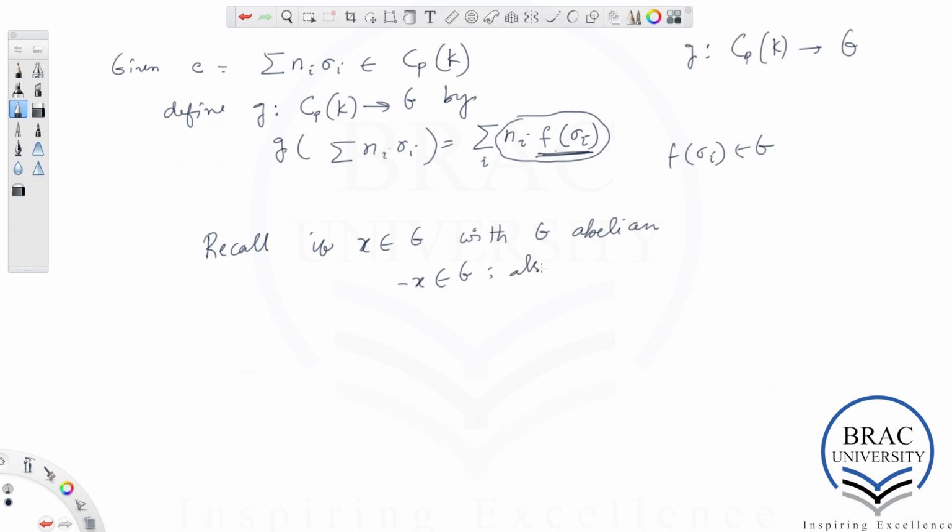Also, nx is equal to x plus all the way up to x, so it's an n-fold sum of x with itself. And minus nx is the n-fold sum of minus x with itself.